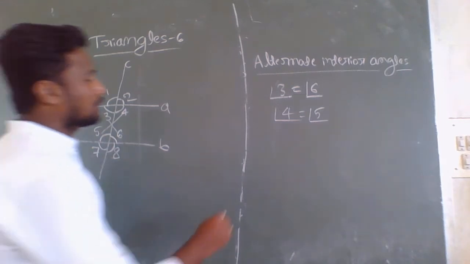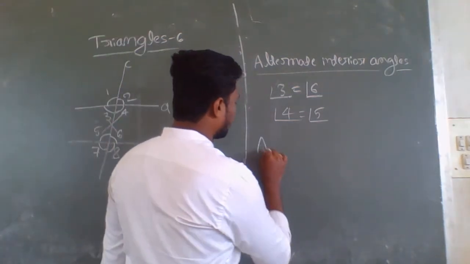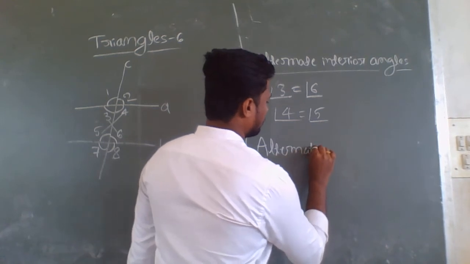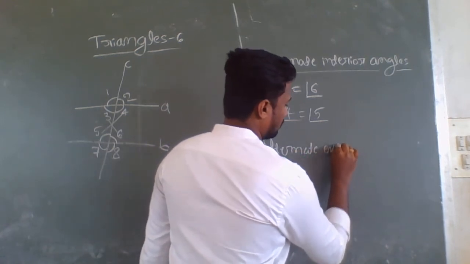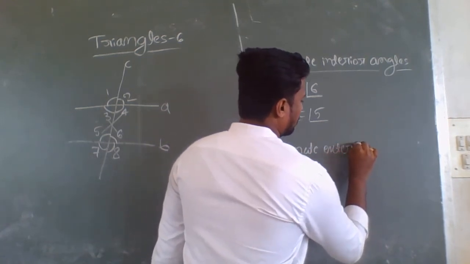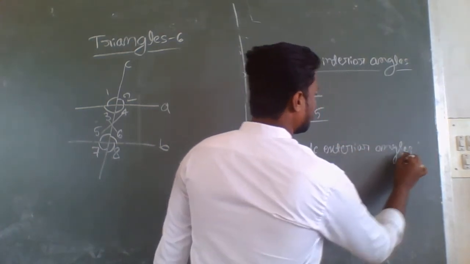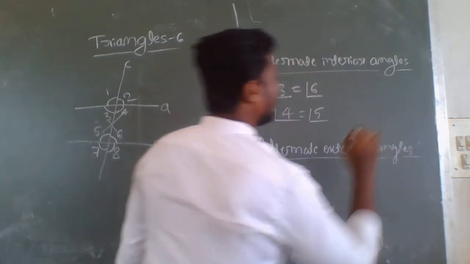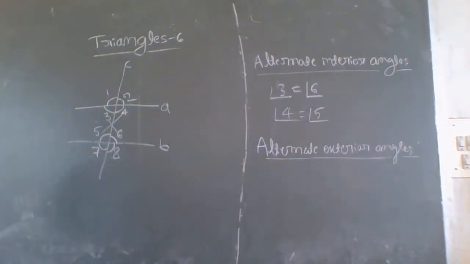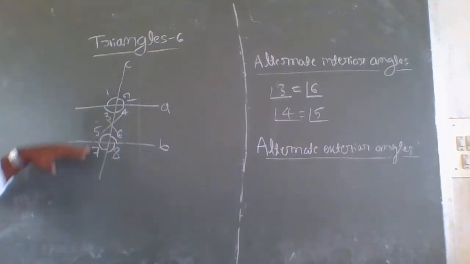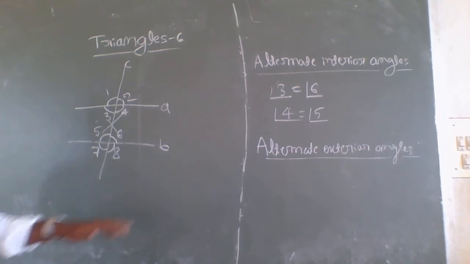Like this, next one, alternate exterior angles. Just now we discussed the exterior angles here, 1, 2, 7, 8, and they are given as alternate exterior.